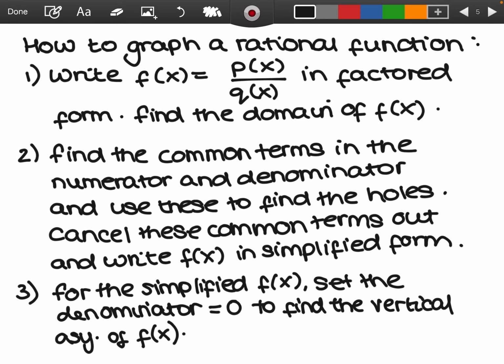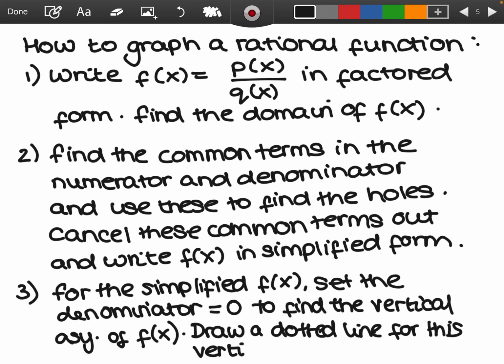Okay. Then what you're going to do for those vertical asymptotes, take your xy coordinate plane, quickly sketch out an xy coordinate plane and dot out the line x is equal to whatever it might be, where you have a vertical asymptote. Okay.